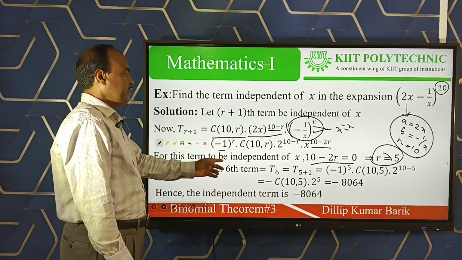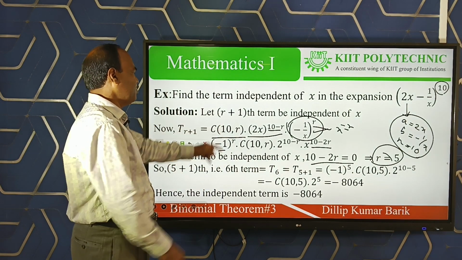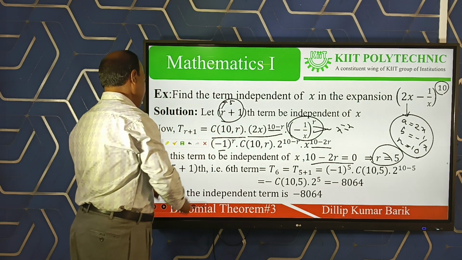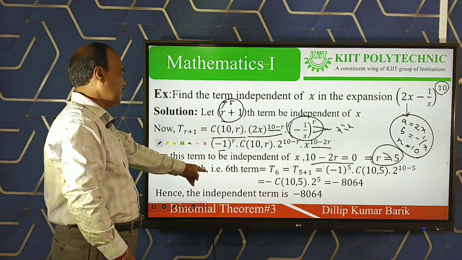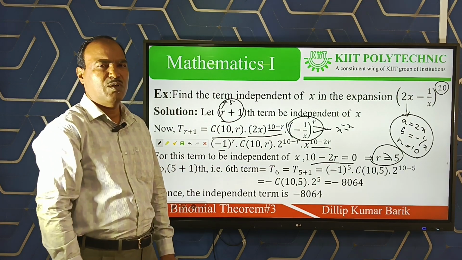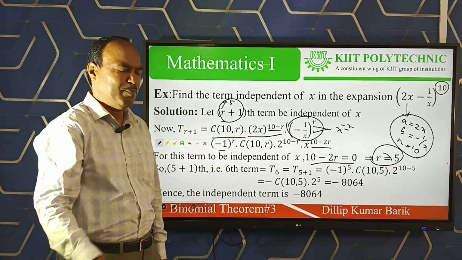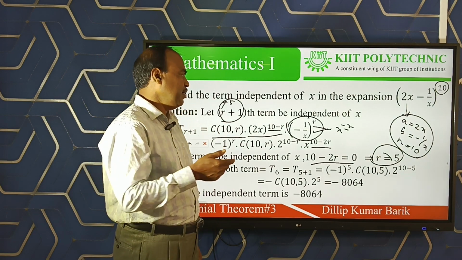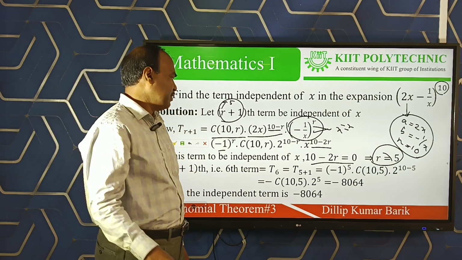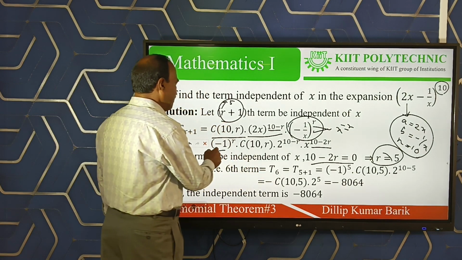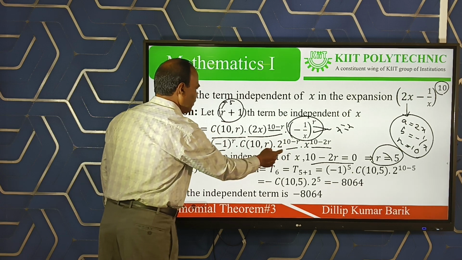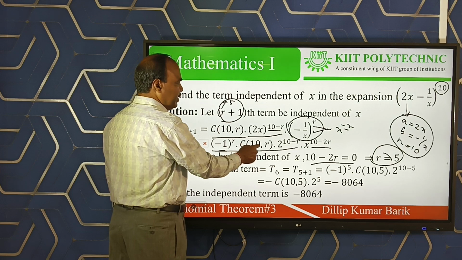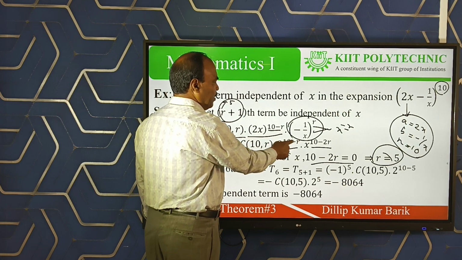So clearly, since r is equal to 5, that means the 5 plus 1th term, that is the 6th term, is the required independent term. So let us simplify the 6th term, which does not contain x. Put the r value in this expression, without x. Minus 1 to the power 5, 10C5, 2 to the power 10 minus 5.